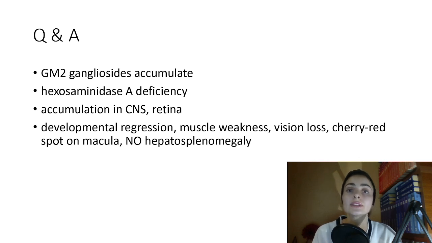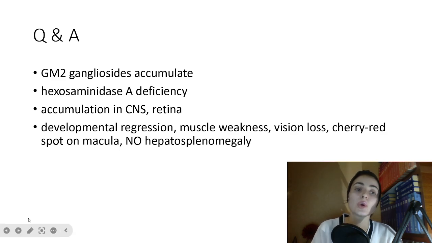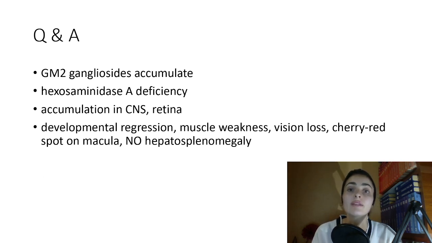Because there is a deficiency of an enzyme called hexosaminidase A. And primarily GM2 ganglioside in this case accumulates in the CNS and retina. That's why the patient mostly has the neurological symptoms and there is no hepatosplenomegaly, because it does not accumulate in liver and spleen. So symptoms go like this: developmental regression, muscle weakness, vision loss, cherry red spots on macula, and no hepatosplenomegaly.